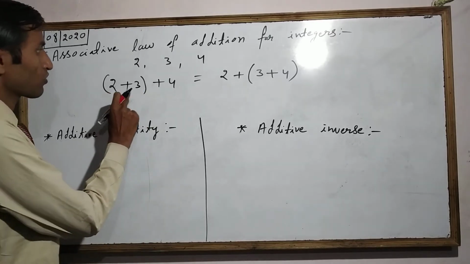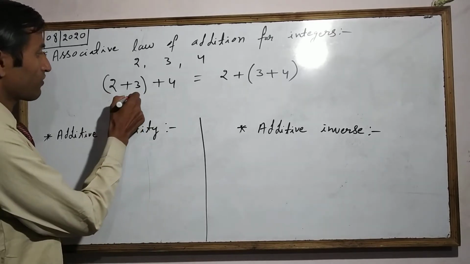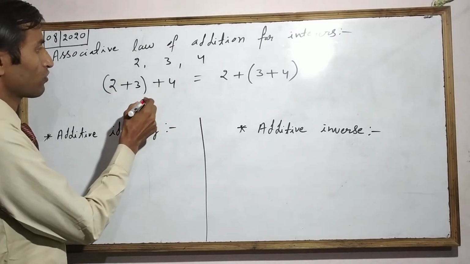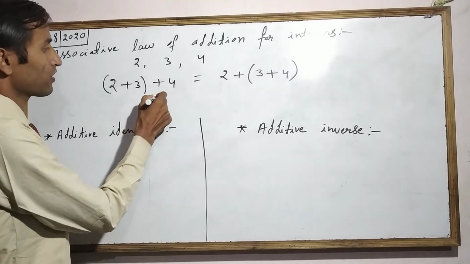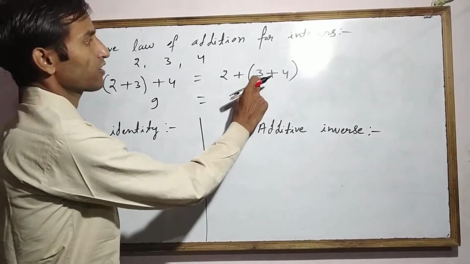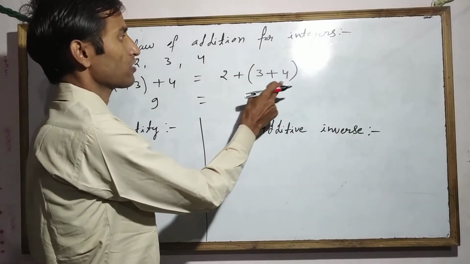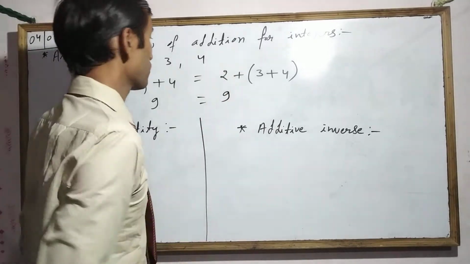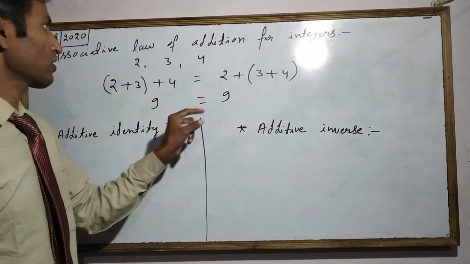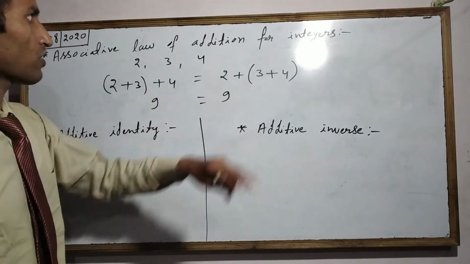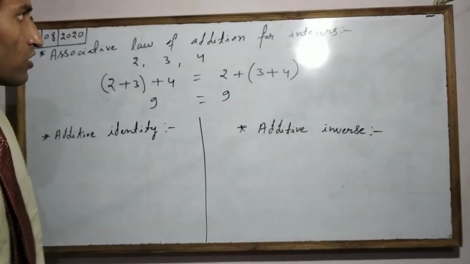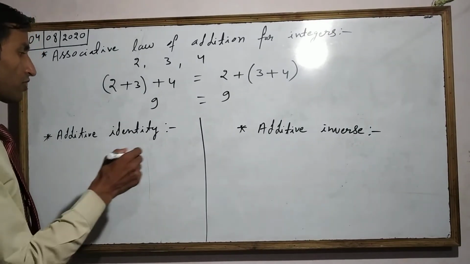So 2 plus 3 is 5, and then 5 plus 4 is 9. Here, we add 3 and 4 first and then 2. So 3 plus 4 is 7, and 7 plus 2 is 9. So 9 is equal to 9, both are equal. This type of property is called the associative property for integers in addition.